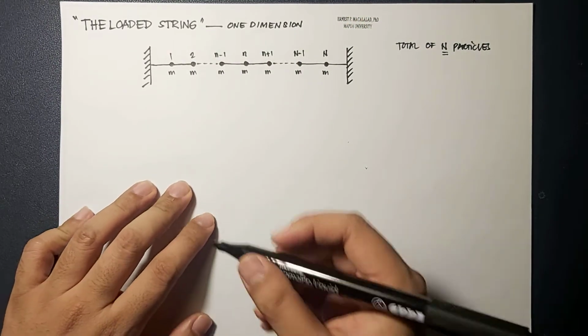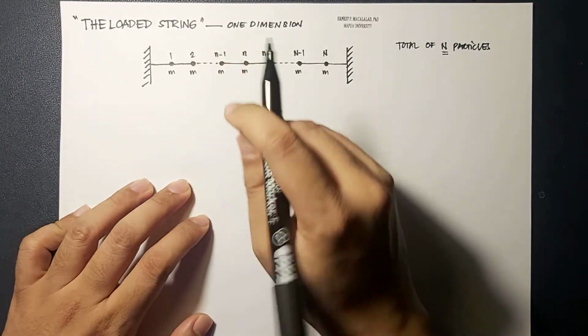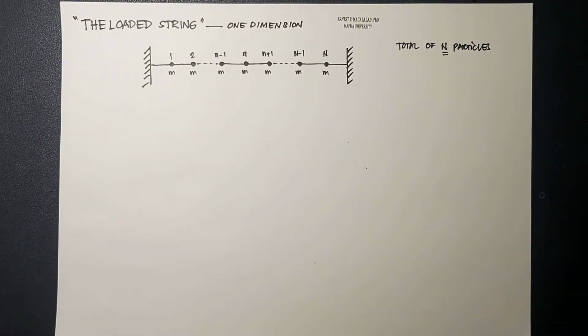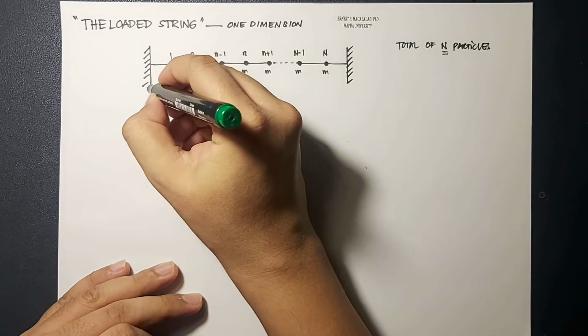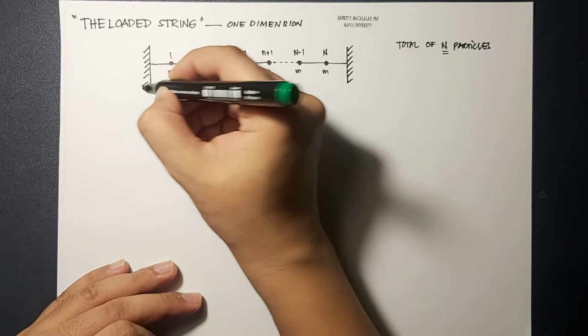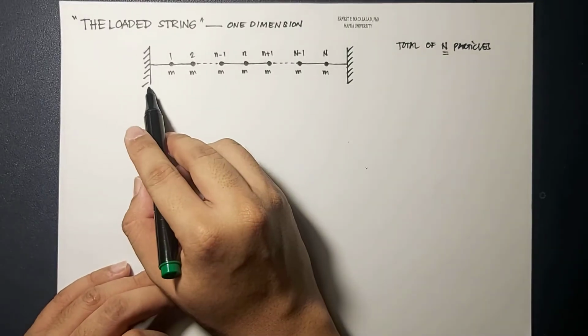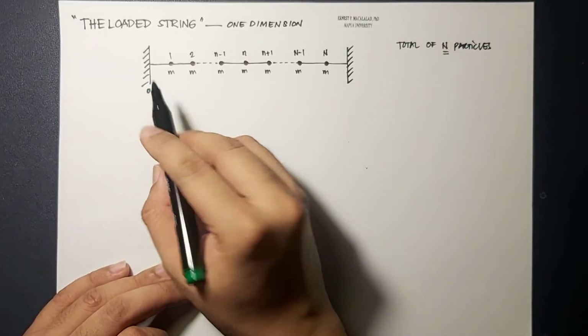Now the distance between the particles is d. So that means if this is our origin, the distance from this origin to the first point would be d.